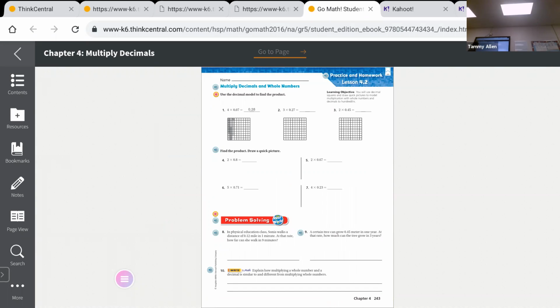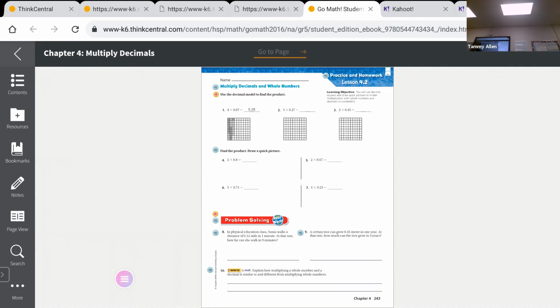Would 8 be an 80? Yeah, because 5 tenths was a 15, you had a 0 in it. It could be 80. But it's 80 hundredths. Right?